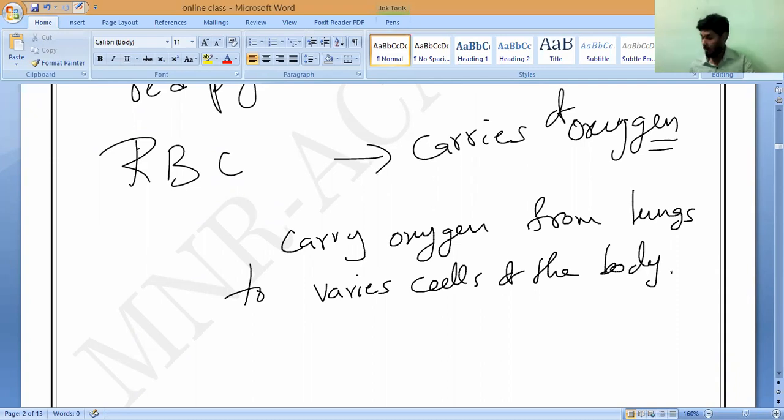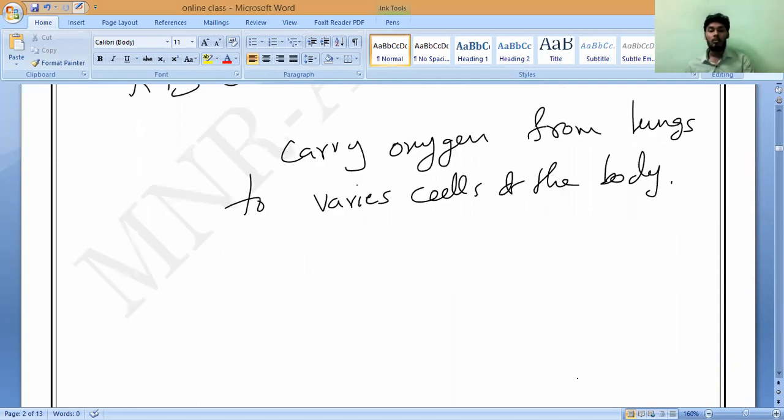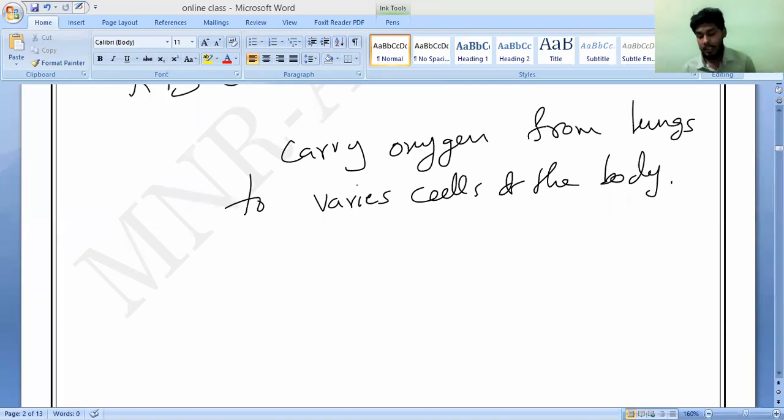So you have to remember that each and every part of the body is supplied oxygen by RBC only. Actually, it is not RBC alone that is carrying the oxygen; it is hemoglobin. RBC does not simply carry oxygen, because it contains a pigment called hemoglobin.